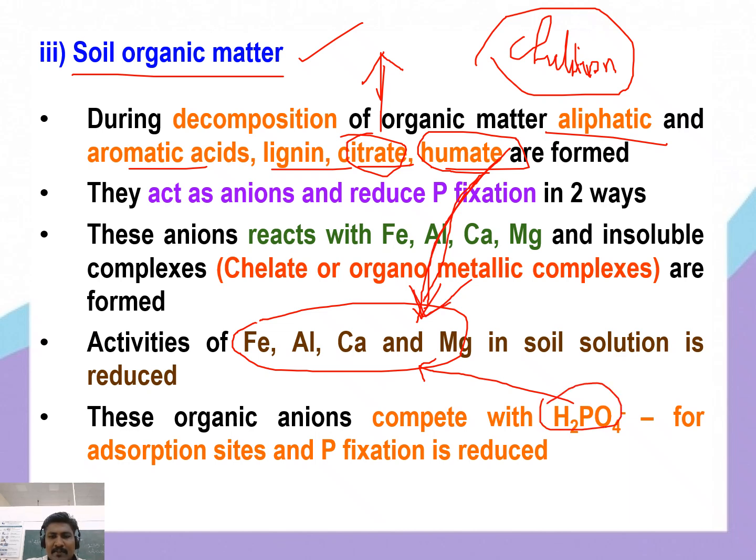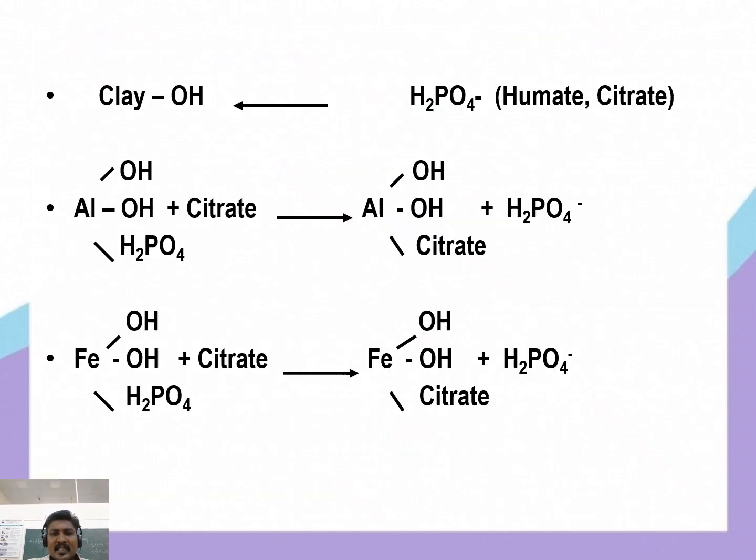The phosphate ion will get released so that the phosphorus becomes available. So adding soil organic matter is a very good option for the release of phosphate ions from precipitated compounds such as iron phosphate and aluminum phosphate.